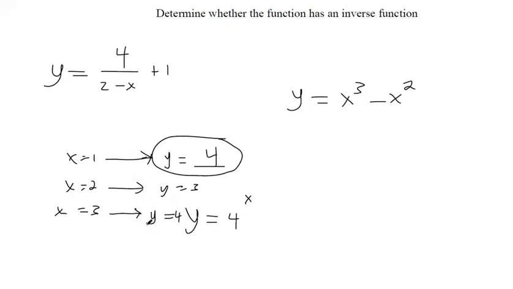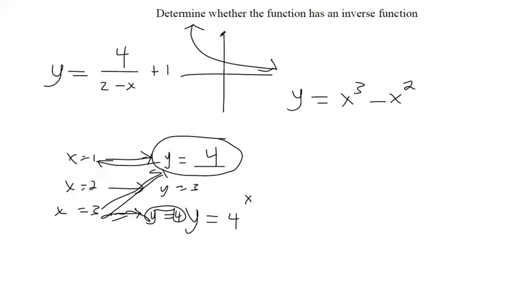Every value for y doesn't just pair up with one unique value of x. Y equals 4, here we could redraw this. Y equals 4 has two different partner x values. Graphically, what that means is if you graph a function, it needs to pass the horizontal line test. So this graph that I just drew, every horizontal line you draw through my graph only touches once.